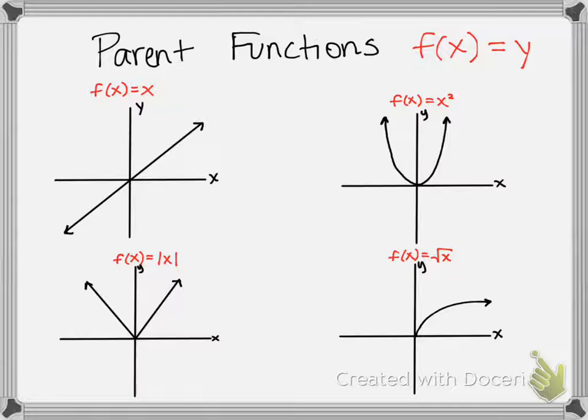That means all along this line, for example, when x is 5, then that means y is 5. Or when x is 10, that means y is also 10. They're going to match each other. And because this is a straight line, this is called a linear parent function. Linear.